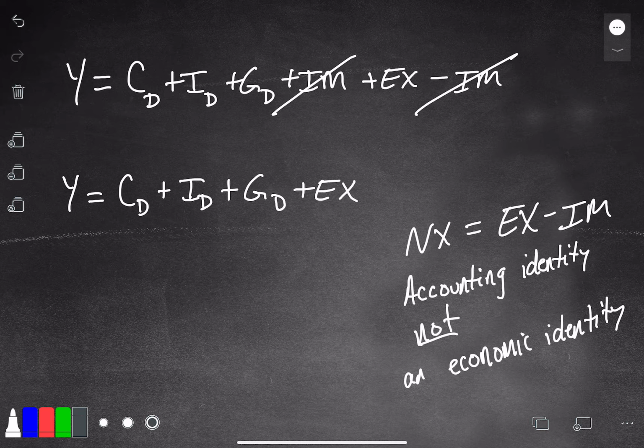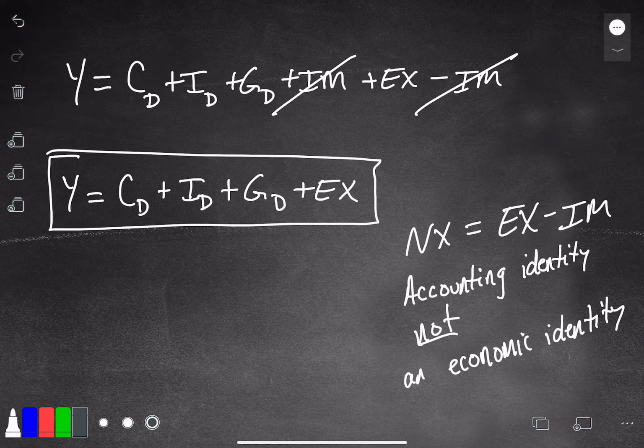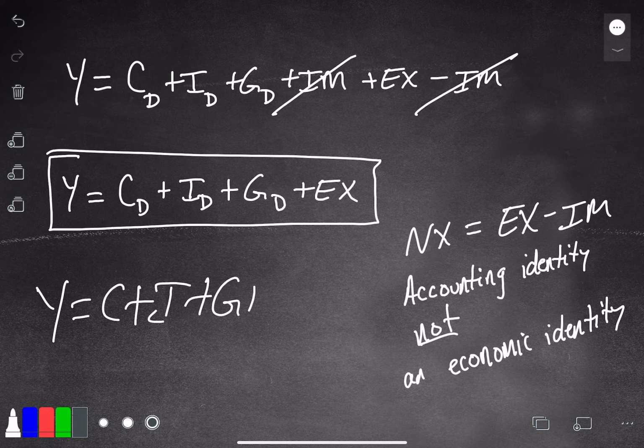We do it because we need to balance the equation. We need to have this pop out. And because we don't know who is spending what on what, but we do know flows of goods and services into the country, it's easier for us to just calculate this, right?